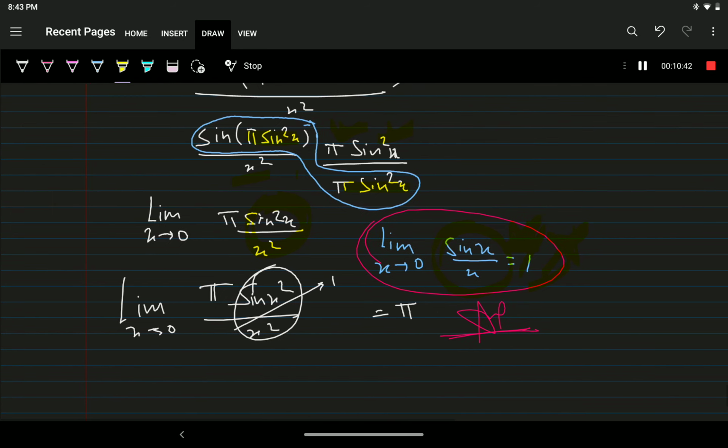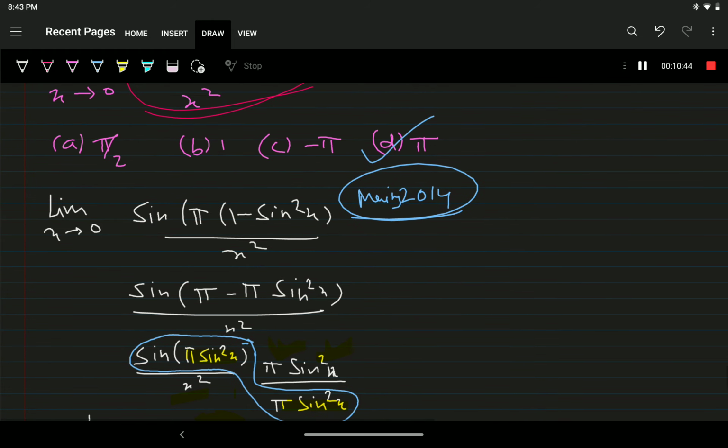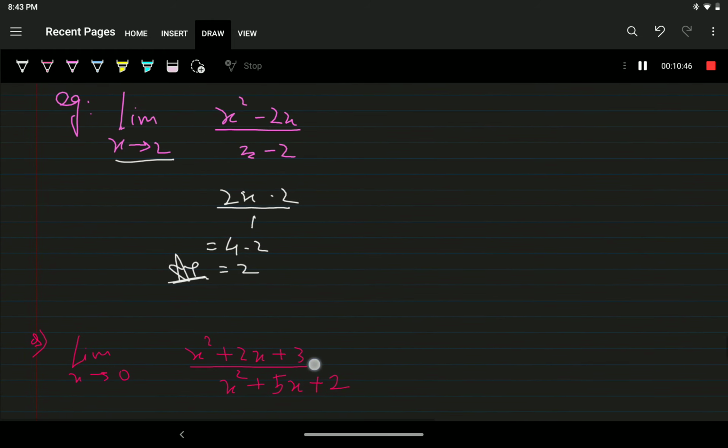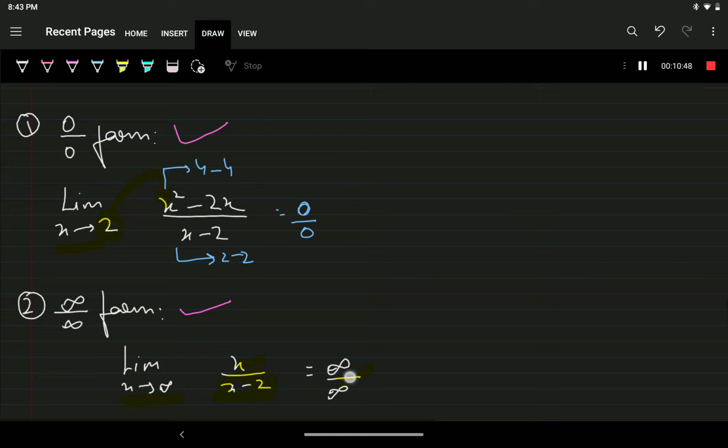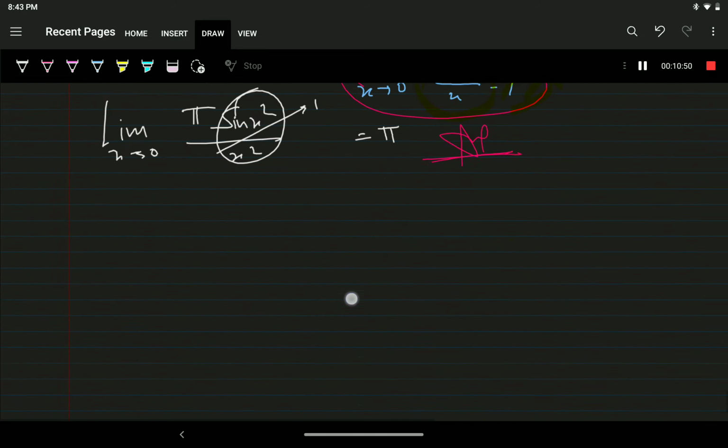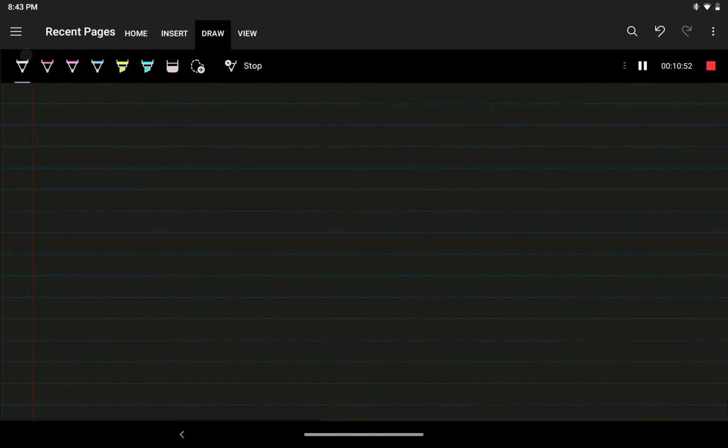Okay guys, so now we'll move to another important type of question, that is 1 to the power infinity.